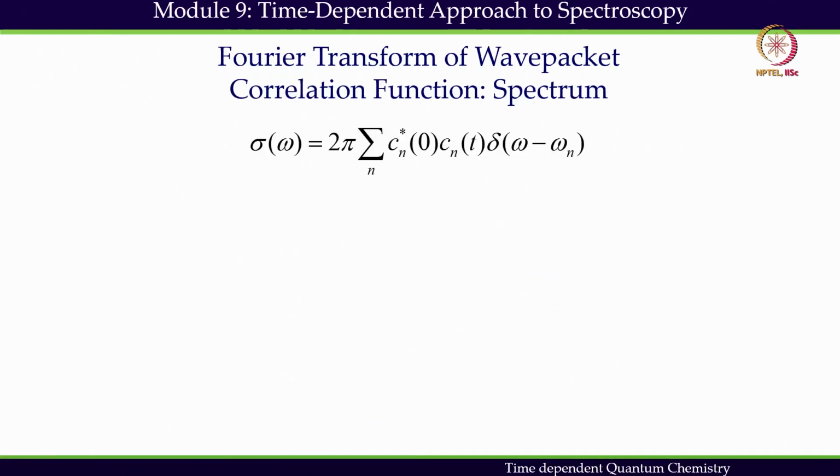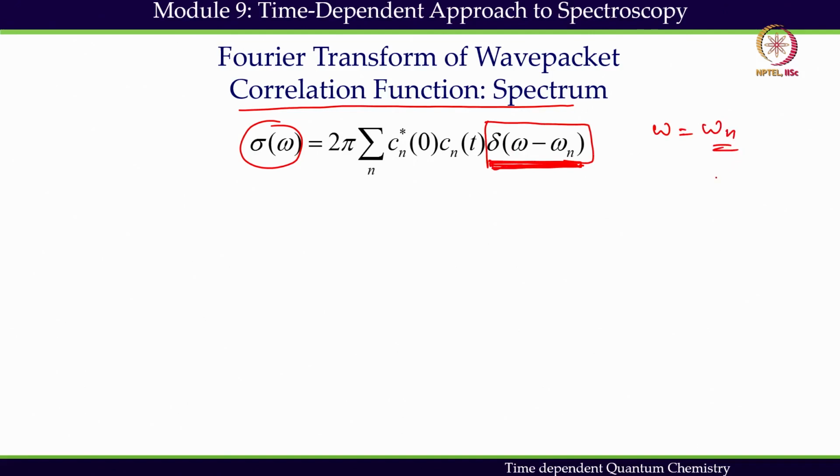So this Fourier transform of the correlation function gives me a spectrum. Why is this representing a spectrum? This delta function will exist only when omega is omega n. What is omega n? Omega n represents those eigenstates.